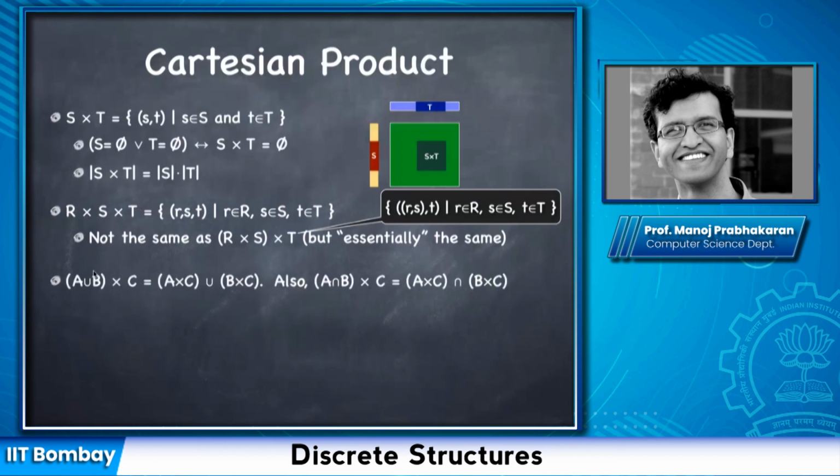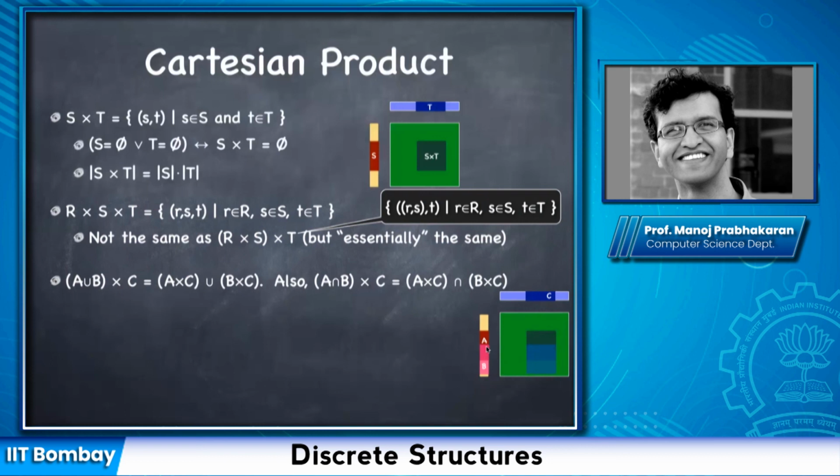How does cross product distribute over union and intersection? Well, it distributes. So (A union B) cross C is (A cross C) union (B cross C). To visualize this, suppose here is our A and C, and this is our A cross C. And suppose I consider another set B, right here, the thing in pink, which overlaps with A a little bit.